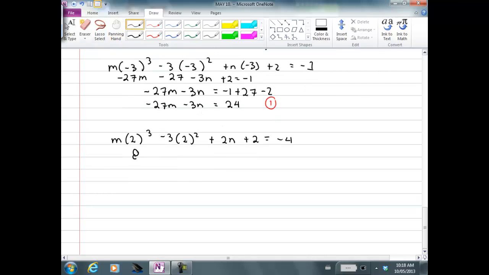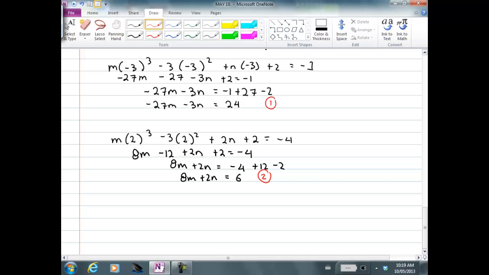So you have 8m minus 12 plus 2n plus 2 equals negative 4. So you should have 8m plus 2n equals negative 4 plus 12 minus 2. 8m plus 2n, that gives you positive 6. I'm going to write down equation number 2 here.